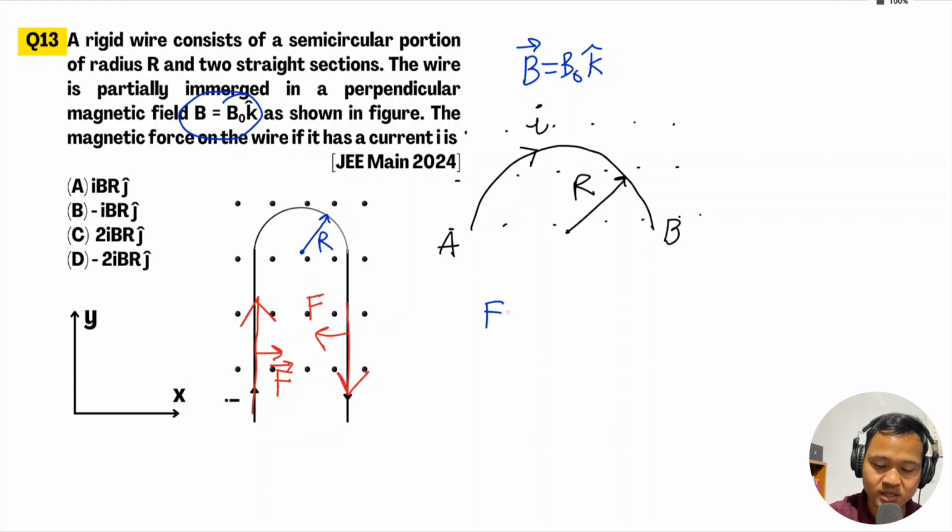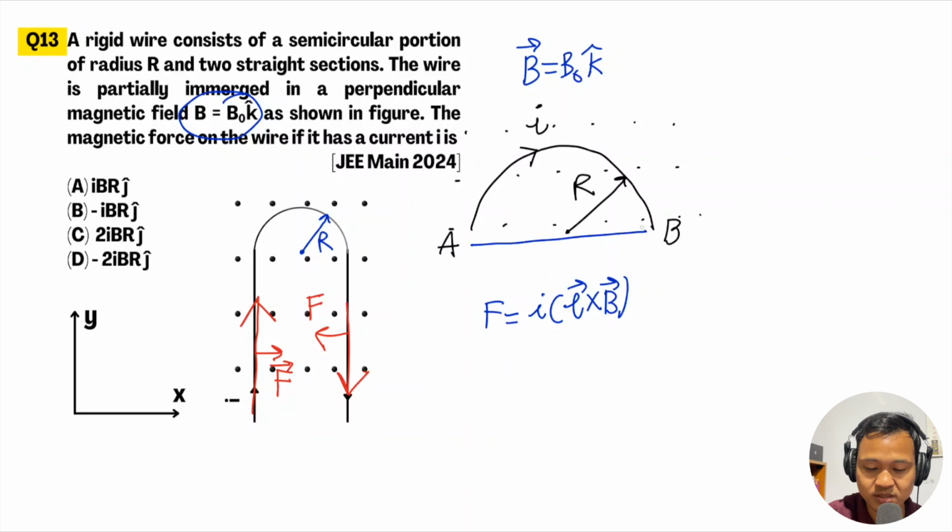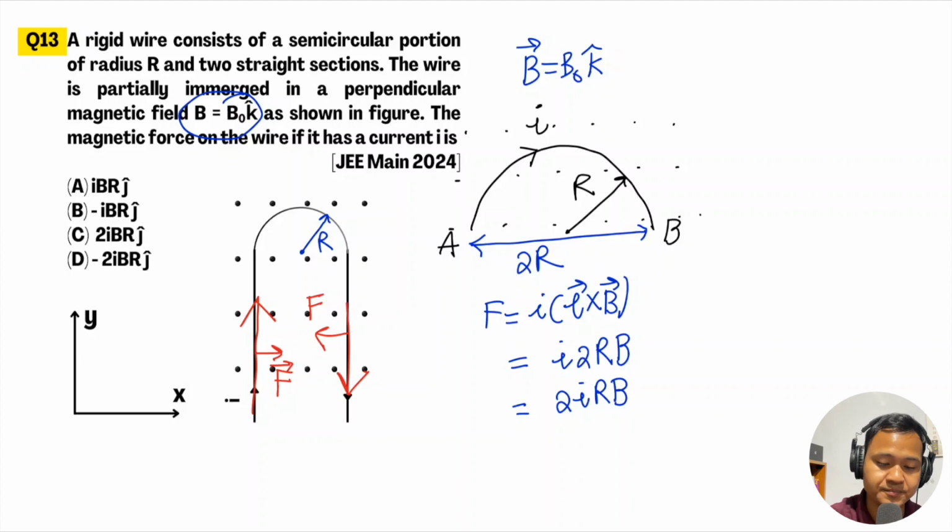So net force chopiha I into L cross B formula hai na. L pa hai piham net displacement chla na. So what is the net displacement here? So again this is 2r. So therefore the force will be I into L2 2r into B. Na, so that means 2 into I into R into B. Direction jo lang ha. Force pa hai.